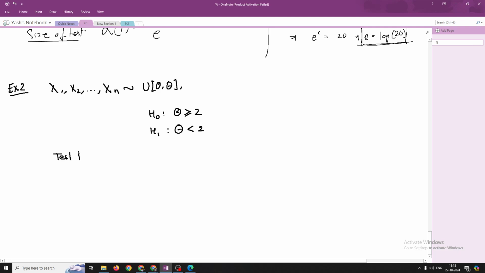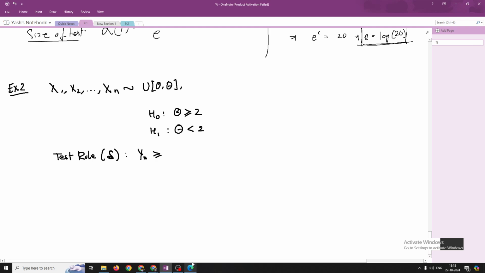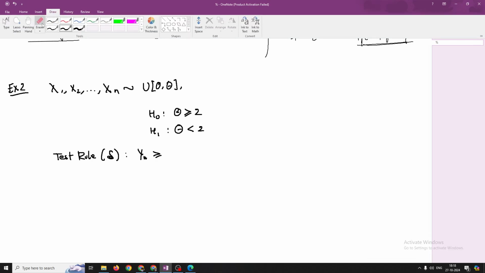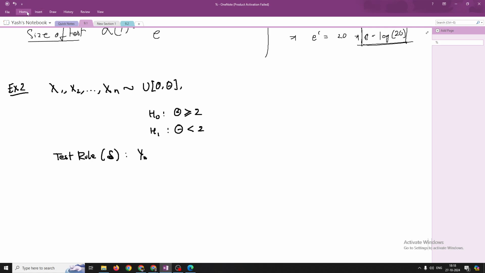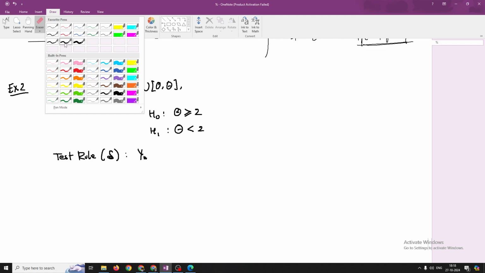Test rule, or what we often denote as delta, that is, Yn greater than or equal to... sorry, was it greater than or equal to? It was less than or equal to, sorry, right?